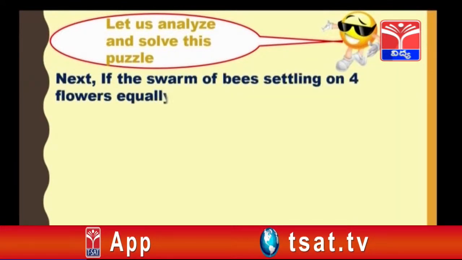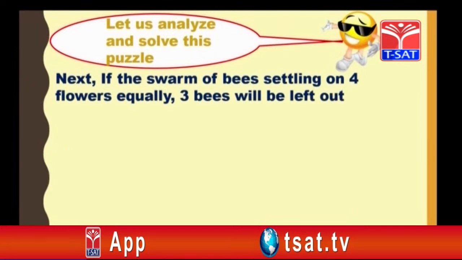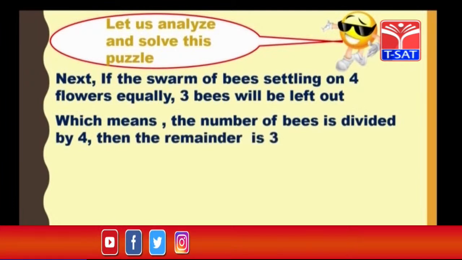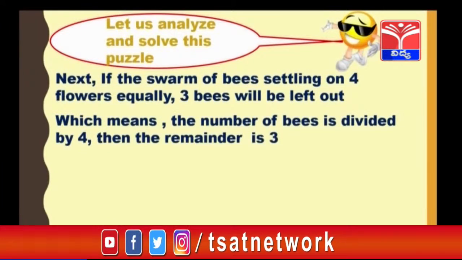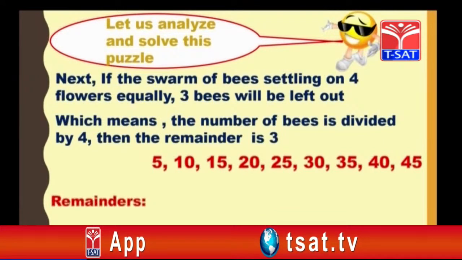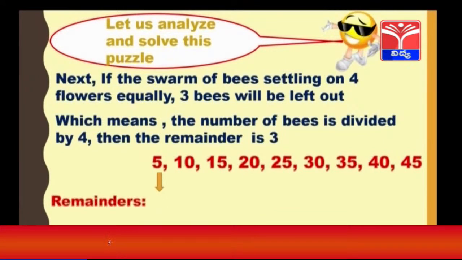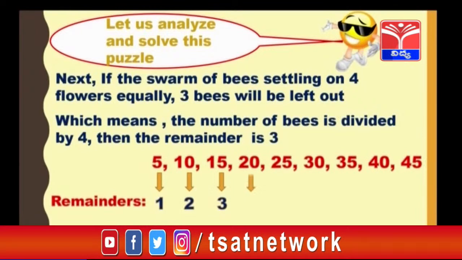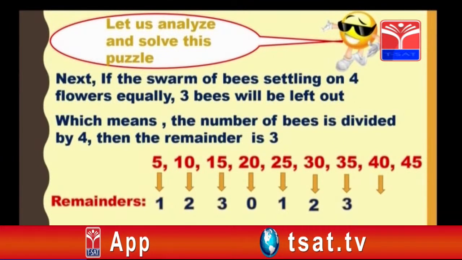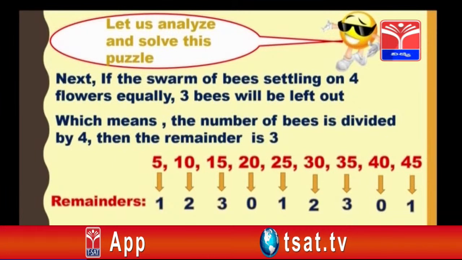Next, if the swarm of bees settles on four flowers equally and three bees are left out, it means when the number of bees is divided by 4, the remainder is 3. The numbers from the previous hint are 5 to 45. If we divide by 4, the remainders are: 5, remainder 1; 10, remainder 2; 15, remainder 3; 20, remainder 0; 25, remainder 1; 30, remainder 2; 35, remainder 3; 40, remainder 0; 45, remainder 1.